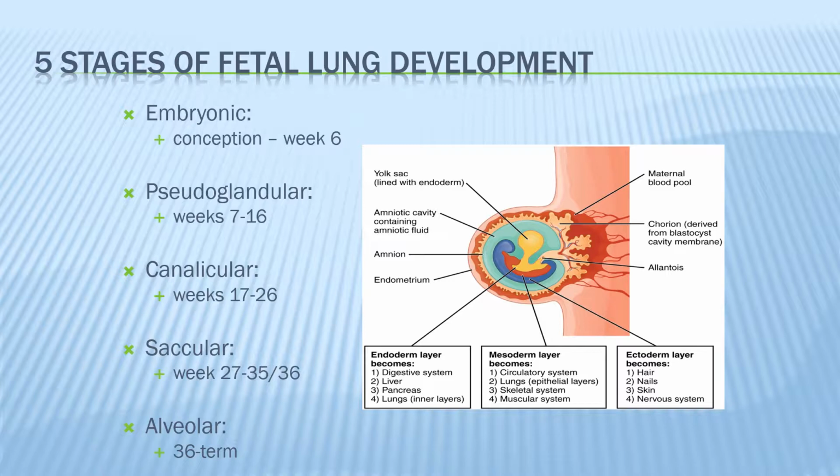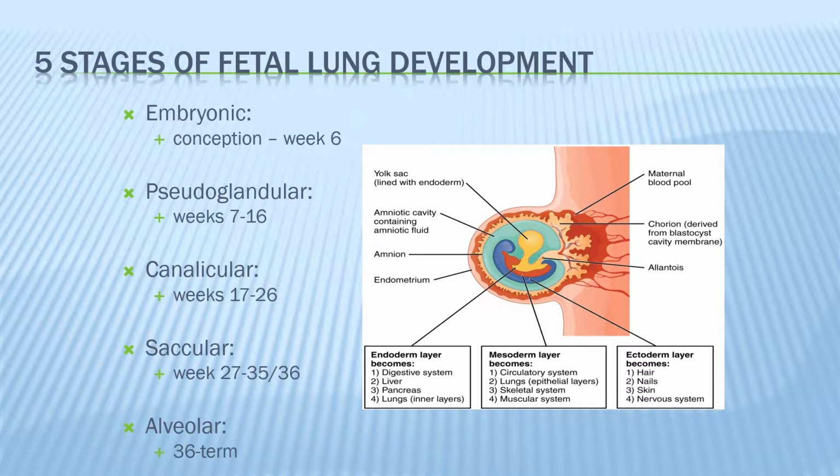During this time, the diaphragm is starting to develop. However, it is not complete until the pseudoglandular phase at week 7. Some other things that occur during the embryonic phase that are of interesting value here is esophageal atresia can occur during this time, and this is the result of an incomplete separation of the esophagus and trachea.